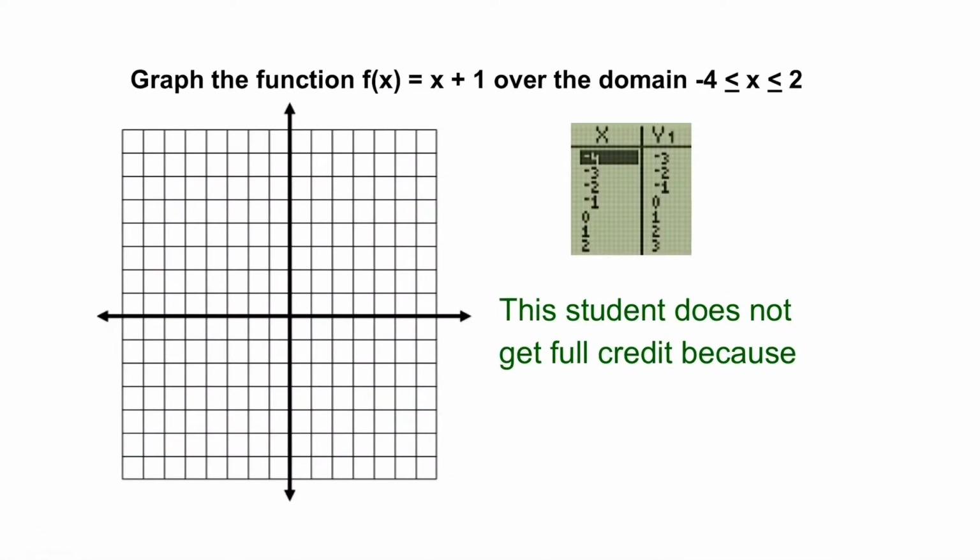Okay, so let's say we are asked to graph this function, f of x equals x plus 1, but they only want it over this domain. That means you want to start when x is -4, and when do you want to stop? When x is 2. So I'm going to look at my table. Luckily, my table is just big enough so that I only plot these points.